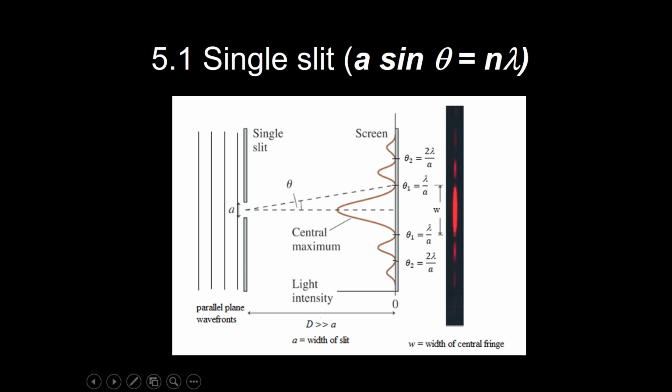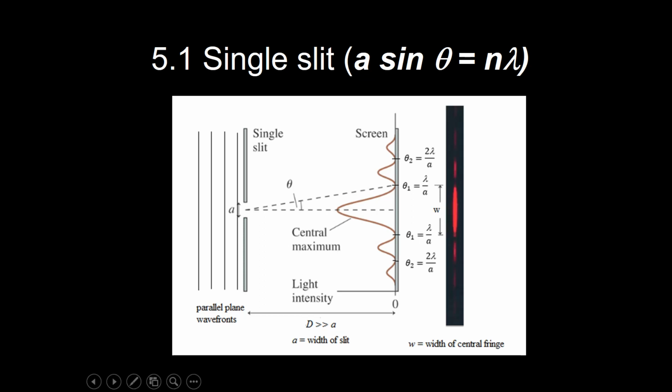This is based on minimum. So A sine theta, theta is the angle between the straight through and the minimum, will be equals to n lambda. N is the order of the minimum. So if I'm referring to the first order, your n will be equals to 1. And if I make sine theta the subject, I'll have lambda over A.